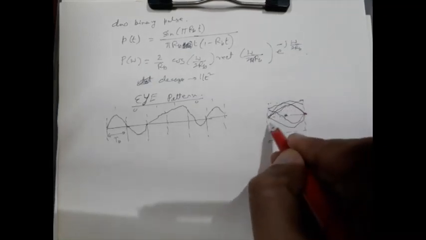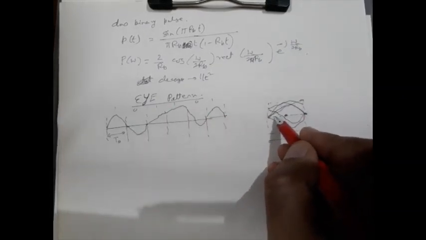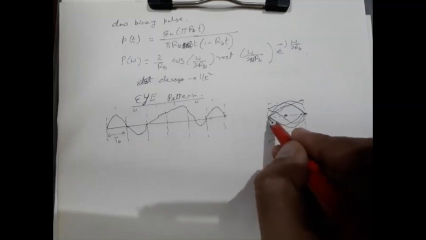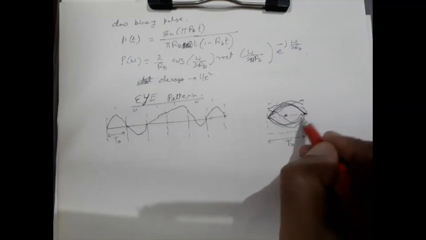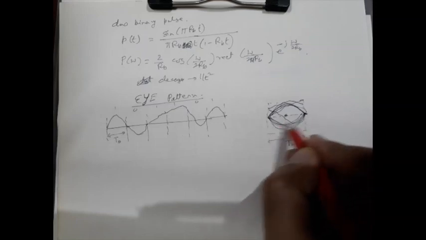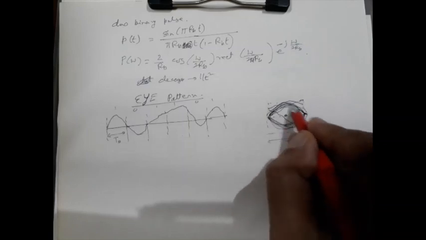So effectively, as you can see, and if we plot for other values as well, ultimately this results in a pattern like a human eye, something like this. That is why it is called the eye pattern.